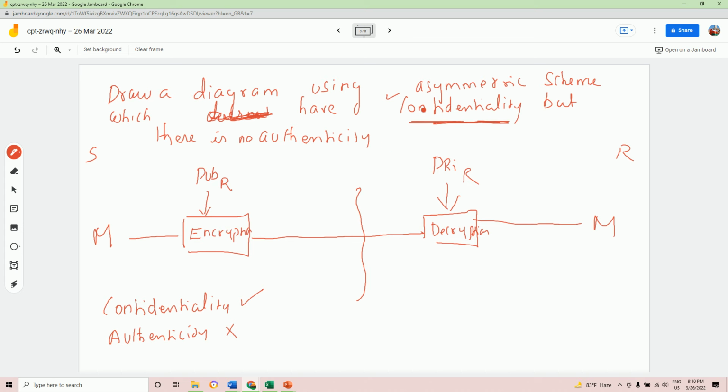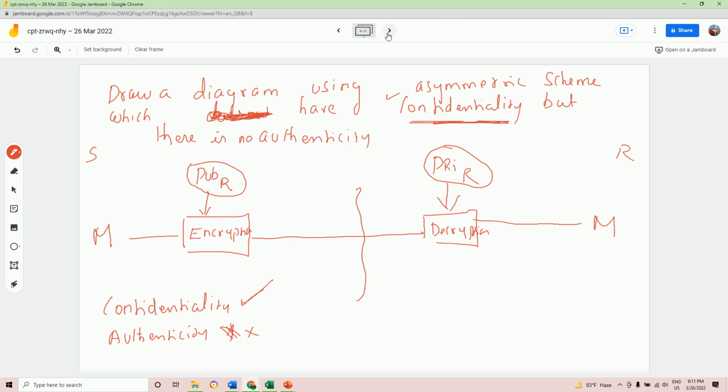So when you want confidentiality, you should encrypt using the public key of the receiver, and you should decrypt using the private key of the receiver. If you use this key pair, then there will be confidentiality, but there will not be any authenticity. Understand? Sorry students, now it's very clear. I made a mistake initially.